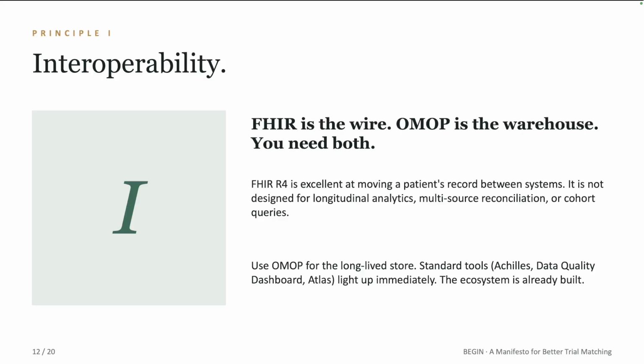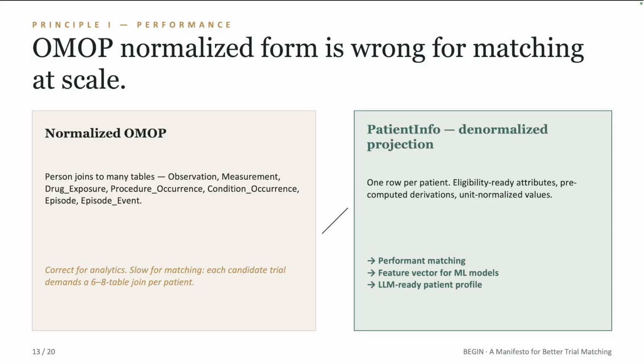So if you're going to build this and have it work inside the whole ecosystem to get patient data and to analyze results, you want to use FHIR for interoperability, and then you want to use OMOP as the place that you store it so you can analyze it. The problem is that OMOP is very normalized.